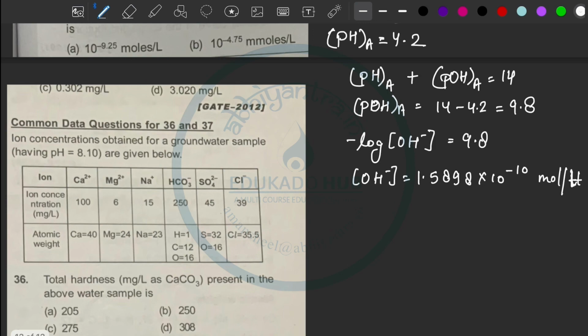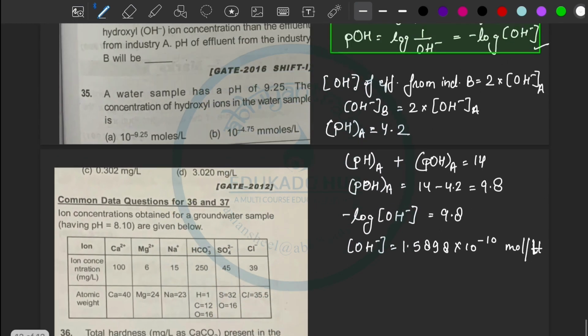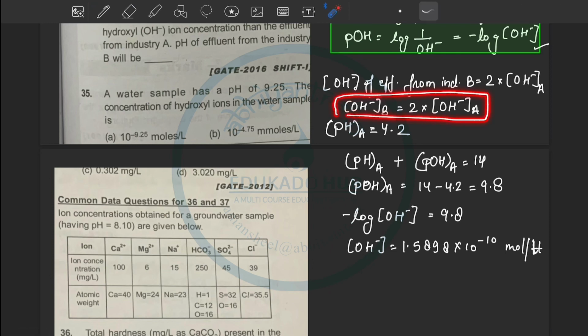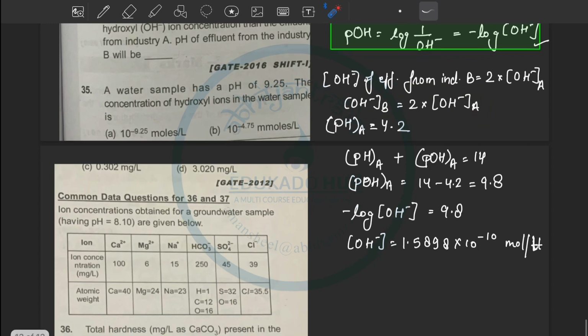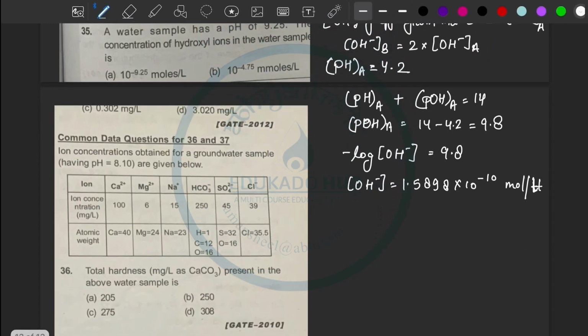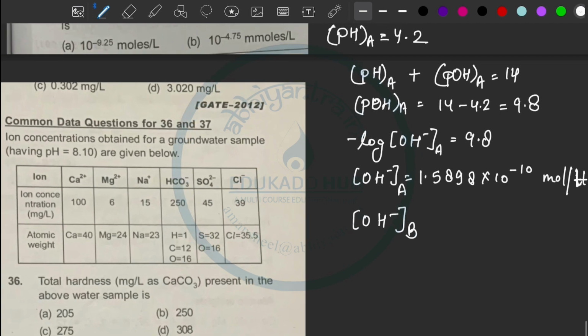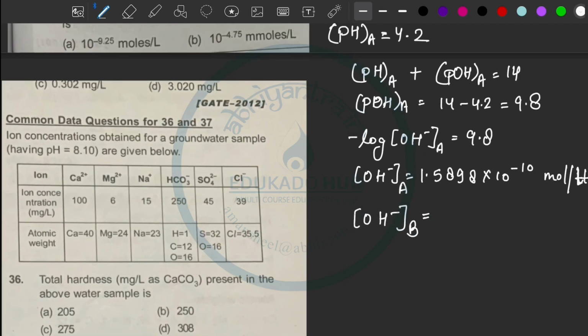Now we know that OH minus concentration of B is 2 times OH minus concentration of A, right? This was for A. So OH of B is equal to 2 times 1.5898 into 10 to the power minus 10, that is 3.6196 into 10 to the power minus 10.